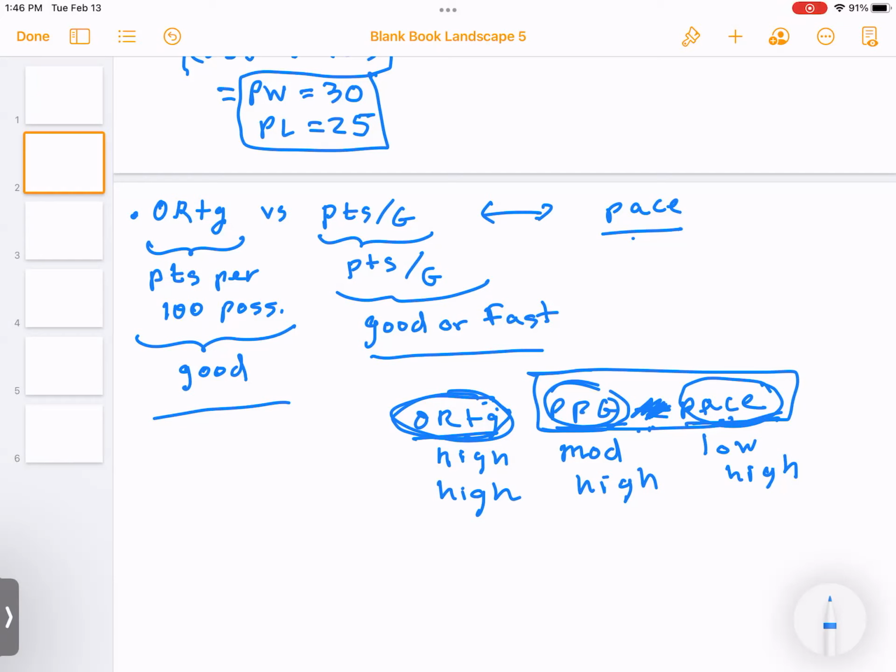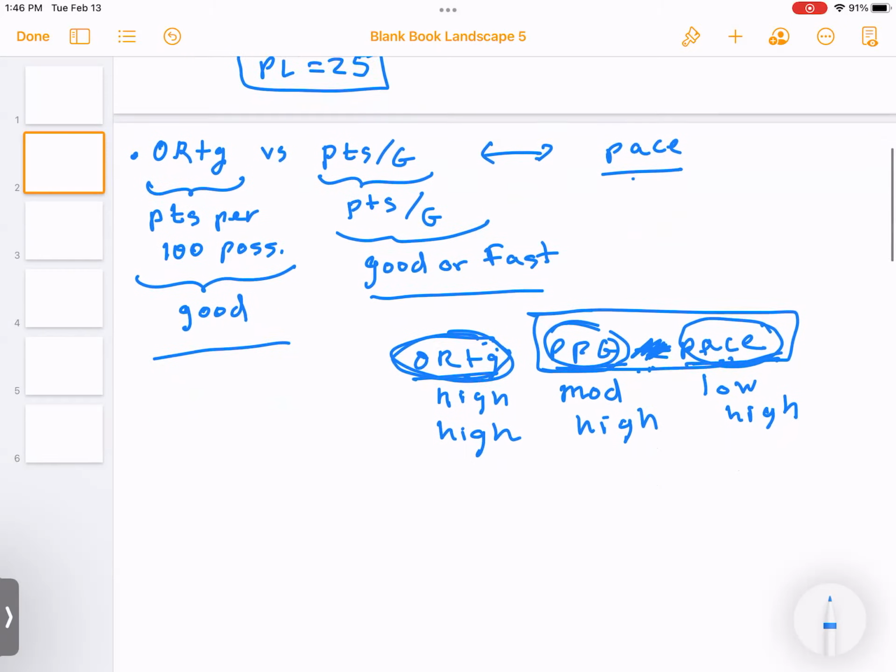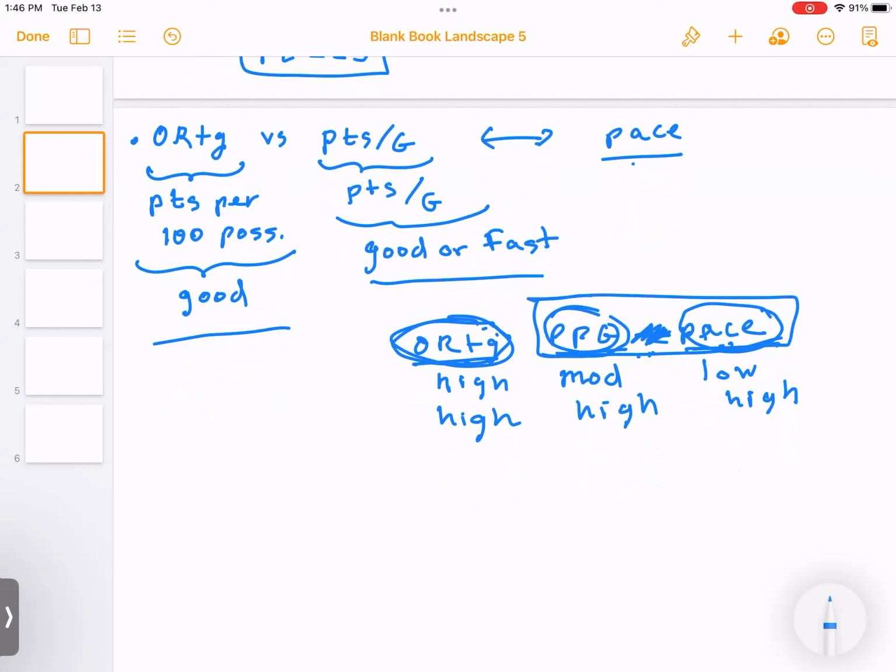Okay, so we'll go through how to compute these again, just to make sure that we're really clear on these. They are all given for the NBA in the data on Basketball Reference, but still it can be useful to see how to compute them, and also some questions about possessions.